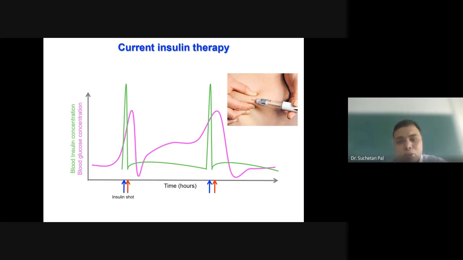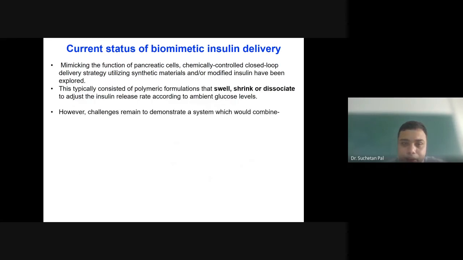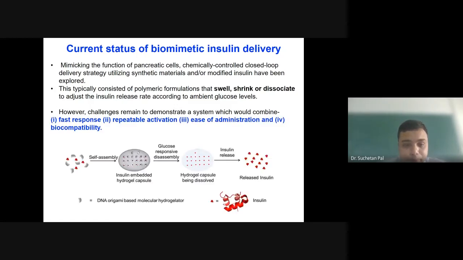So we need to create a platform that will actually mimic the natural production of insulin, right? So a lot of people are working on making artificial insulin or smart insulin. This is typically made of a polymeric formulation where you embed your insulin inside the polymeric network, and this insulin is not active in your body.